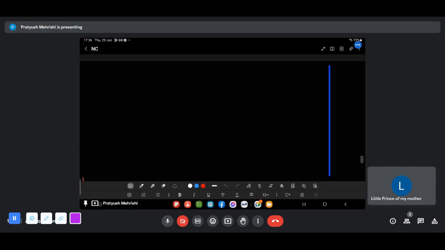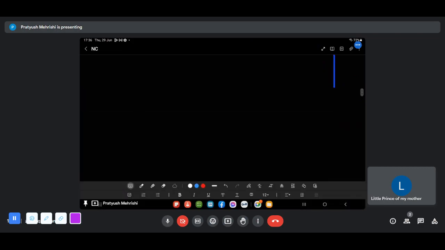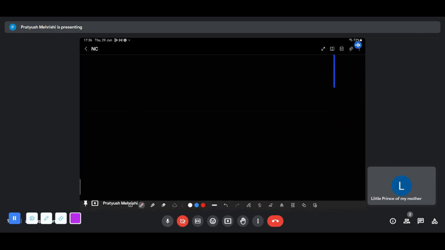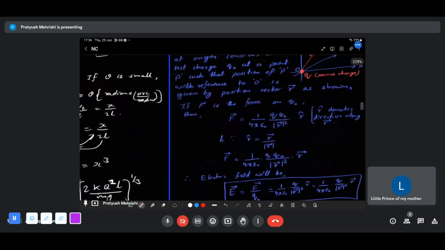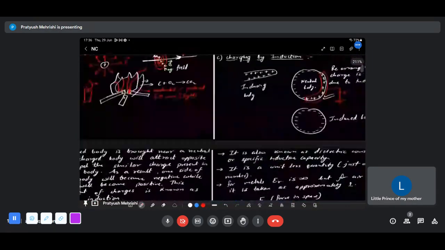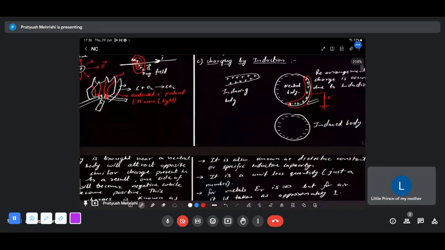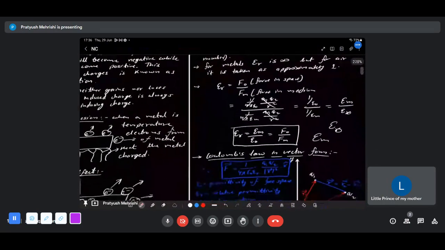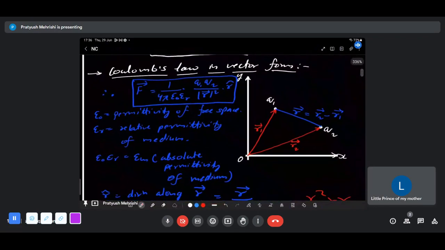Next is Coulomb's law in vector form. We are just writing it in vector form.